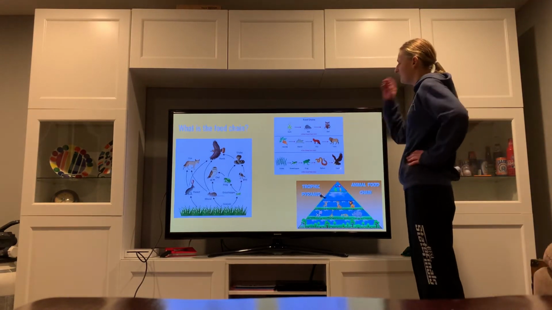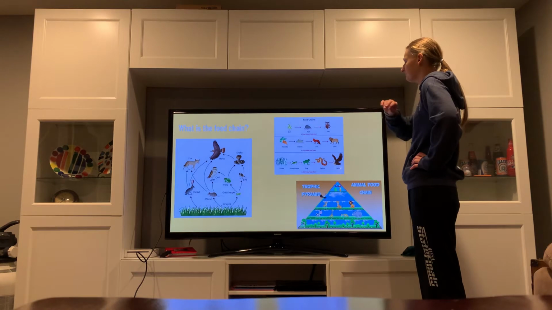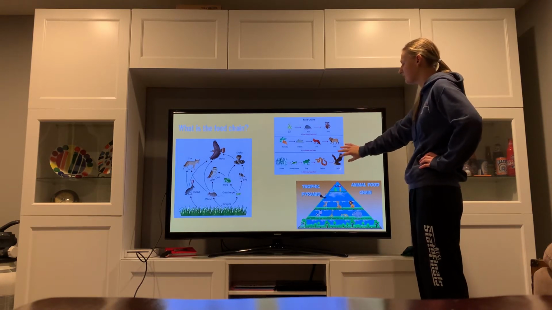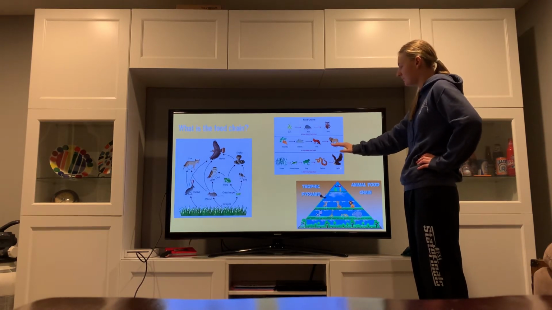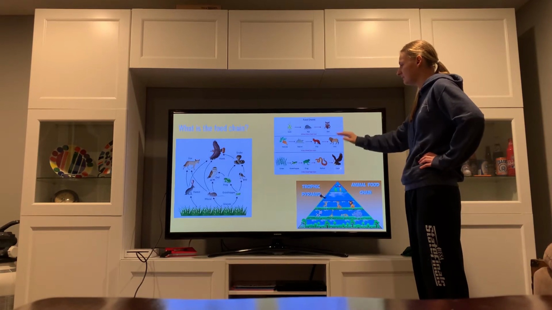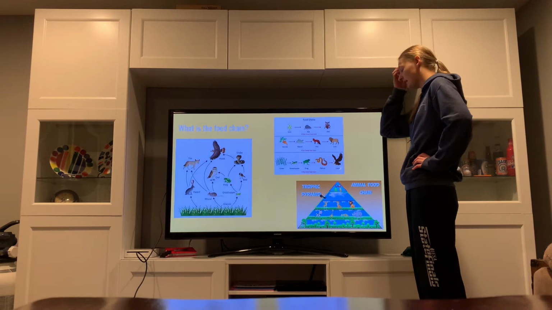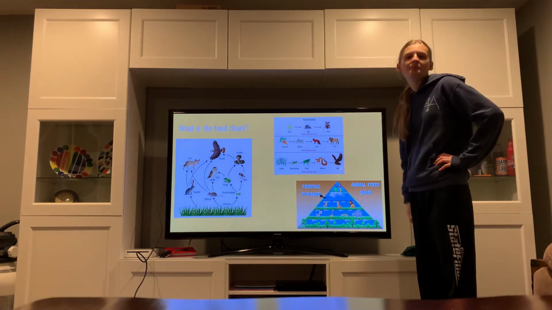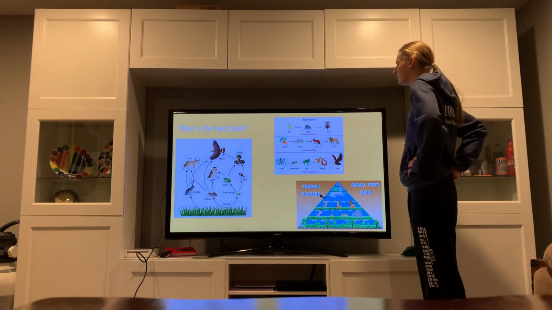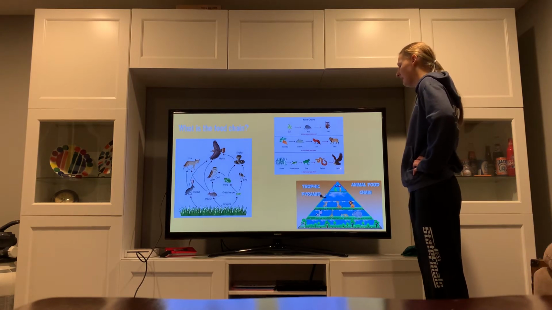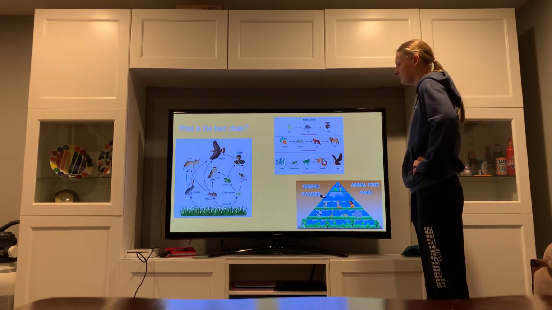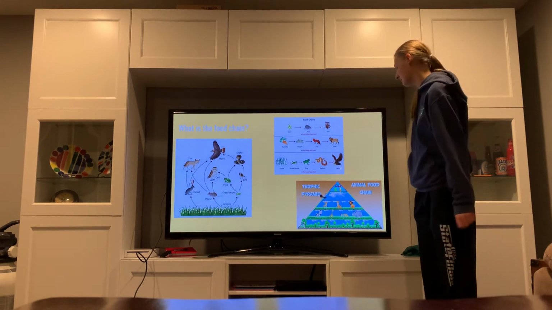Here in the food chain, there's three examples right here, but you can have different elements: 3, 4, and 5. It's whatever animal, how the food gets to the animal at the end.